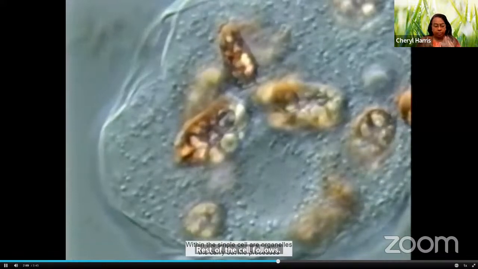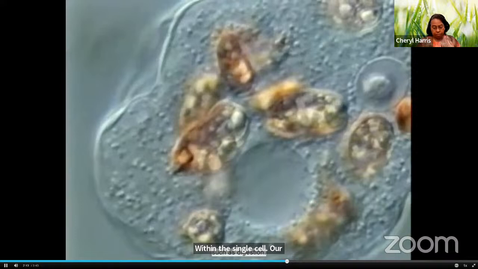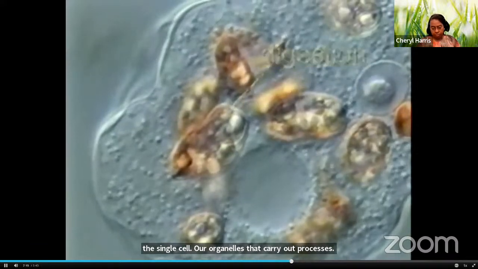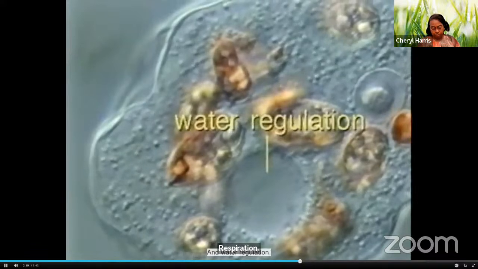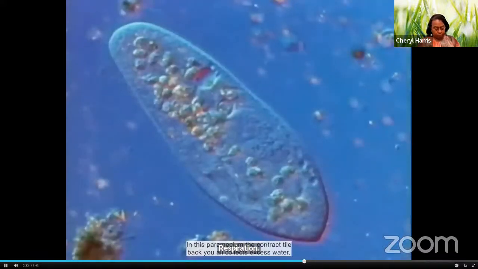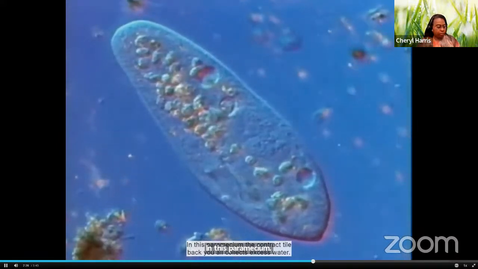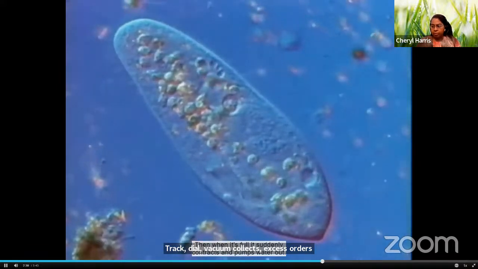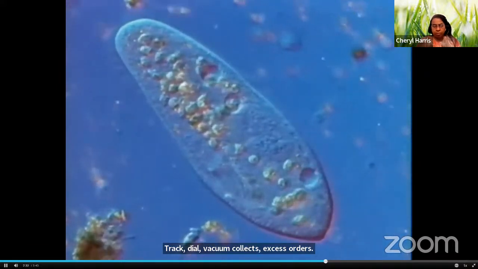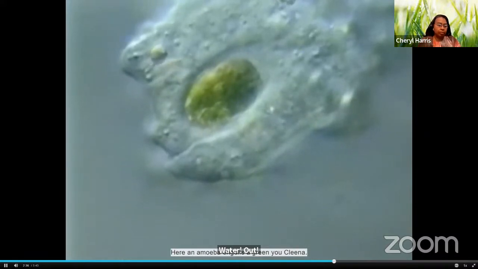Within the single cell are organelles that carry out life processes such as digestion, respiration, and water regulation. In this paramecium, the contractile vacuole collects excess water. Then, when it's full, it suddenly contracts and pumps water out. Here, an amoeba engulfs a green euglena.